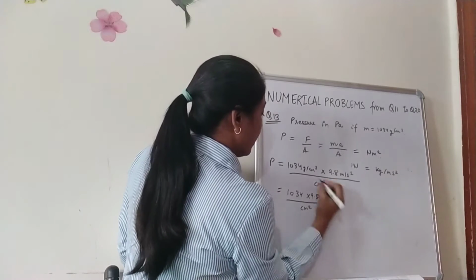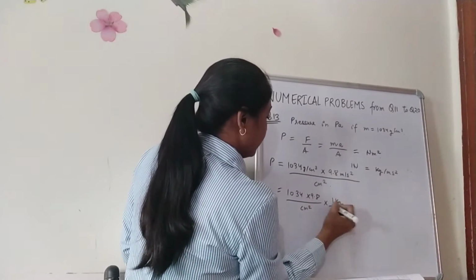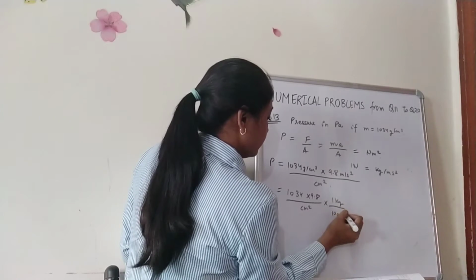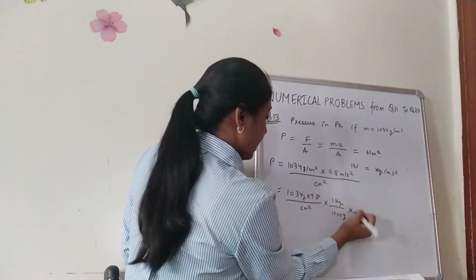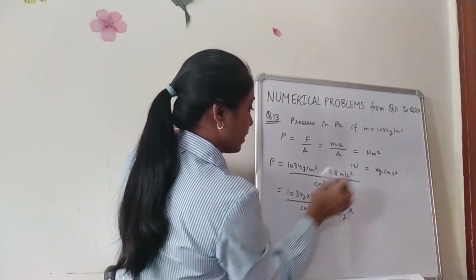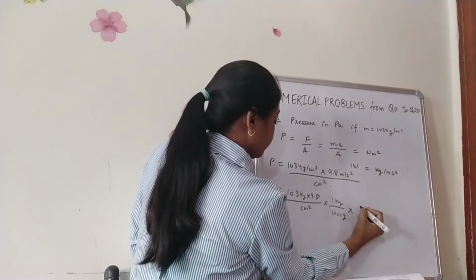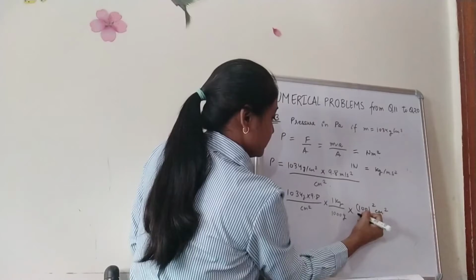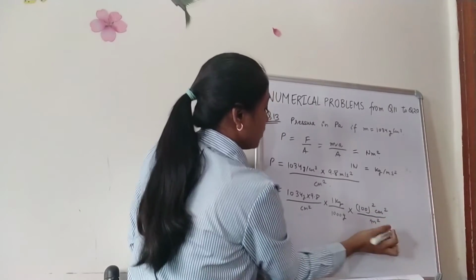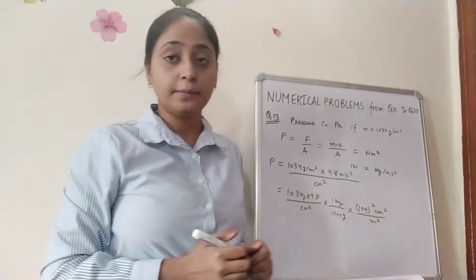So we will write here in kg. So 1 kg divided by 1000 gram, right? And for centimeter square we have to convert it into meter. So (100 centimeter) square divided by meter square, because 1 meter equals 100 centimeter, right?